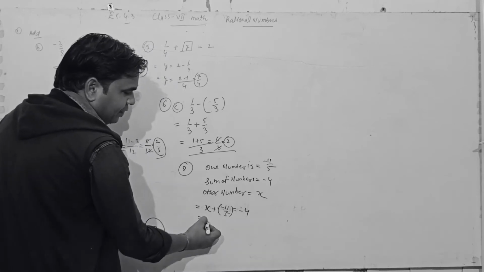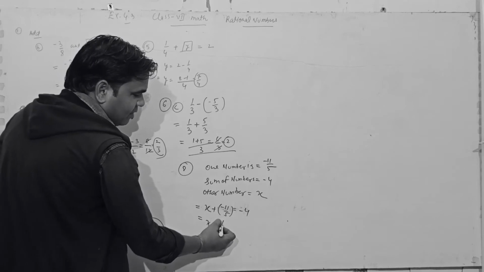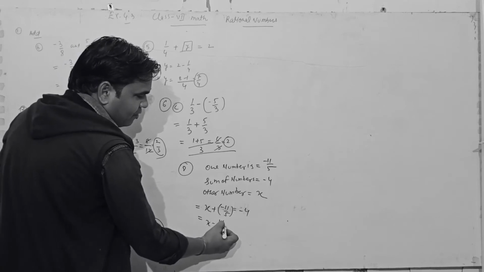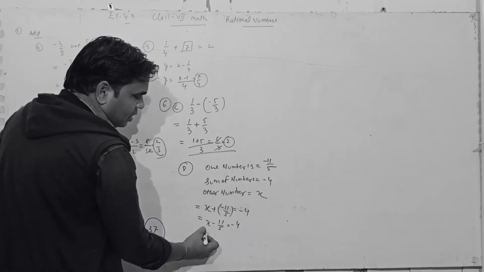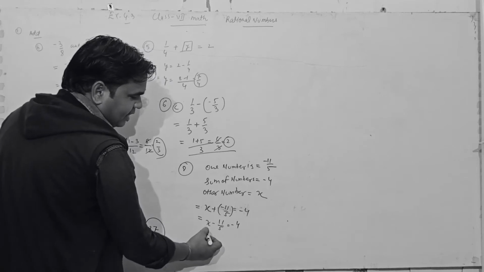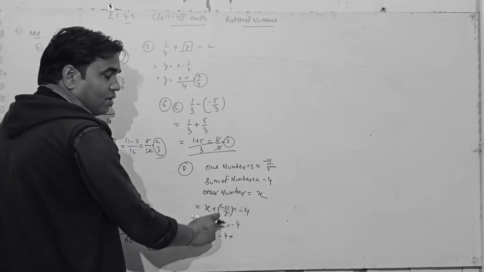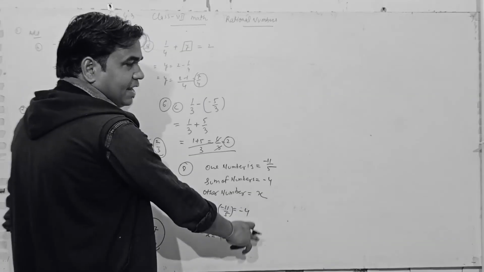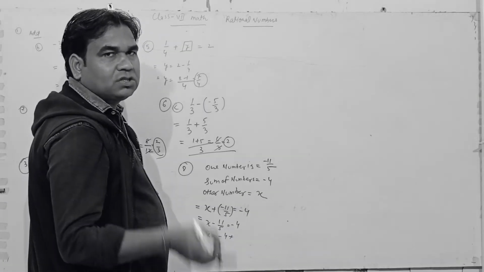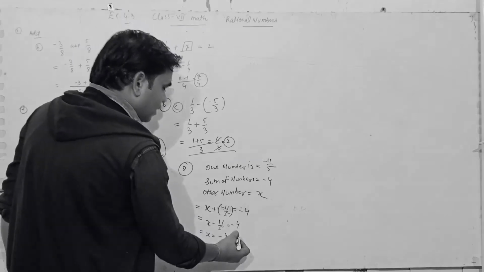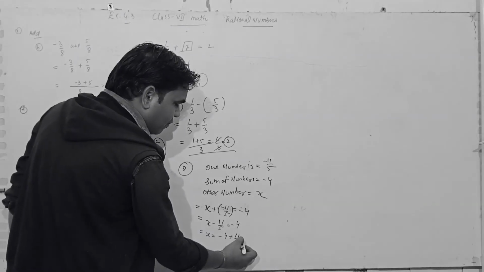Here you see x minus 11 over 5 equal to minus 4, and we can write this x equal to minus 4, and 11 over 5 we can take to the right hand side, the sign should be changed here, and this is plus 11 over 5.